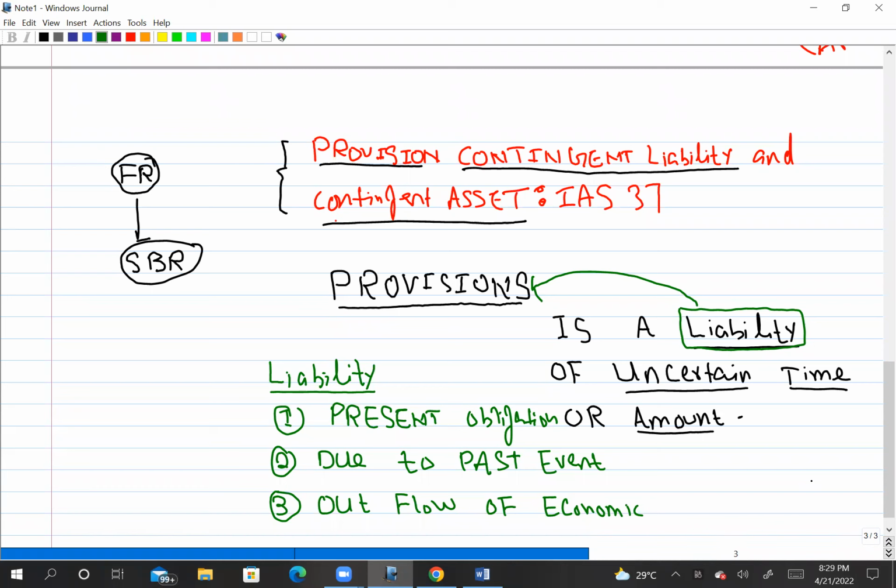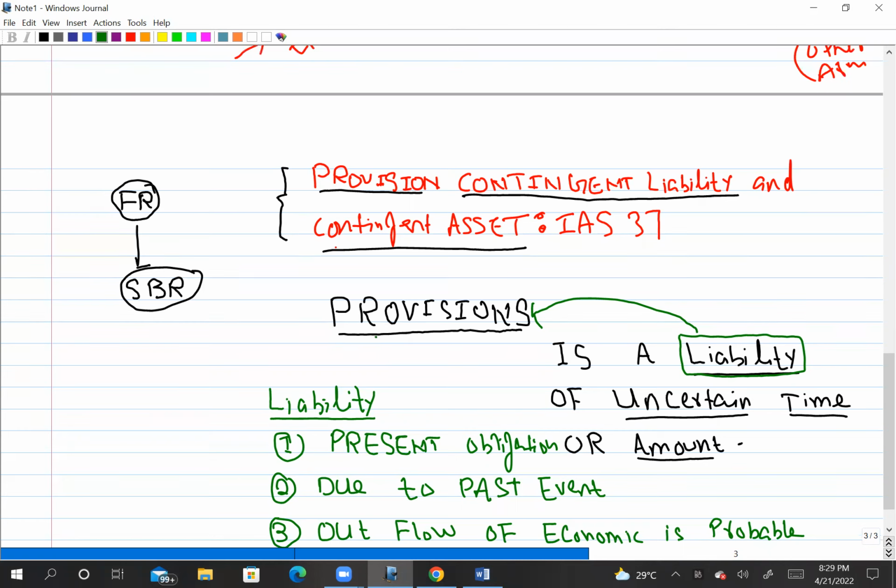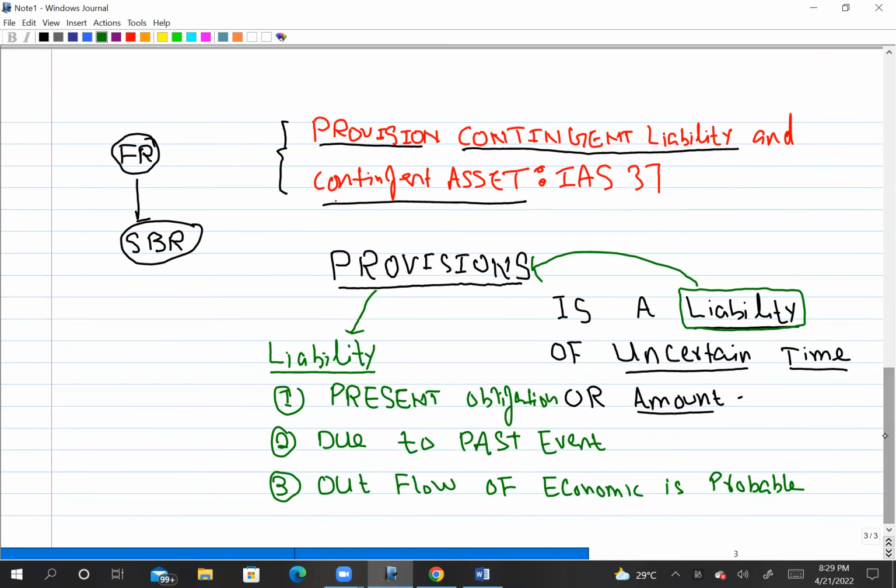Okay, outflow of economic benefit is probable. This is the definition of a liability. And if we have a provision, then it must fulfill the definition of the liability which we have discussed. Now, by present obligation we mean that there is no alternative other than to fulfill the obligation.